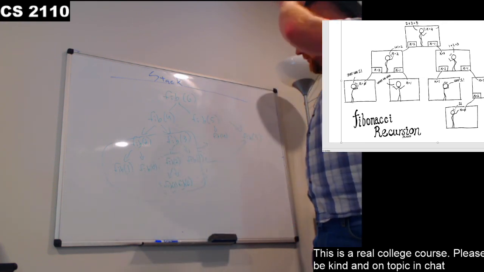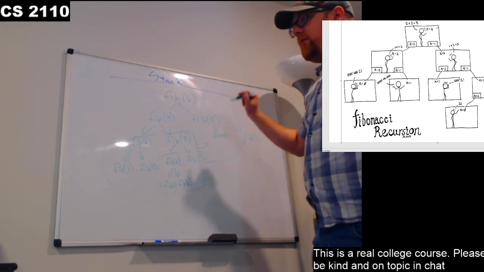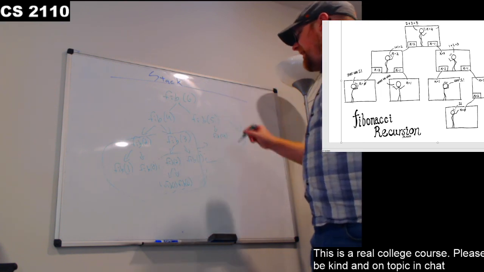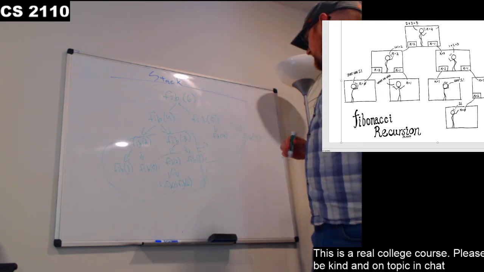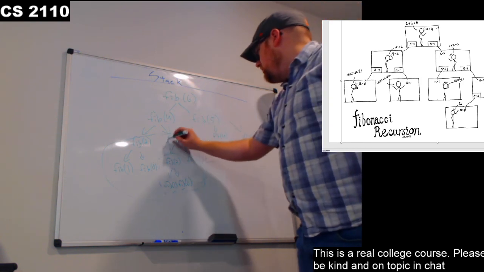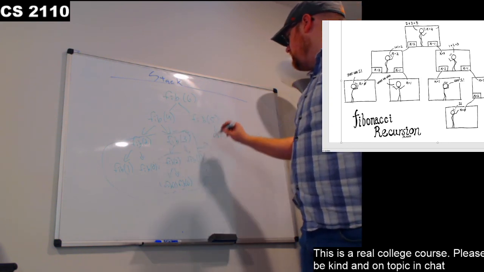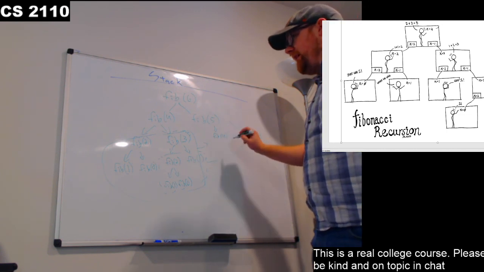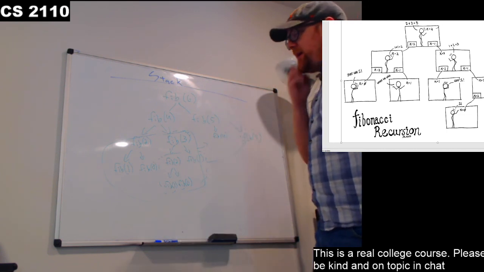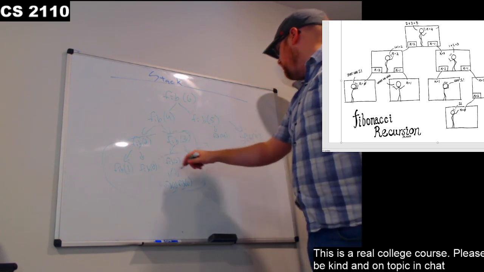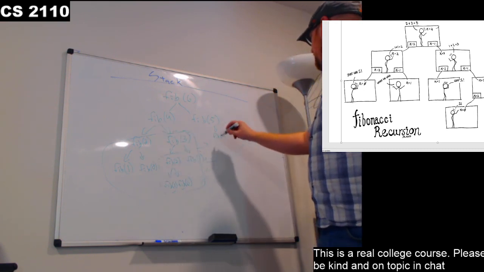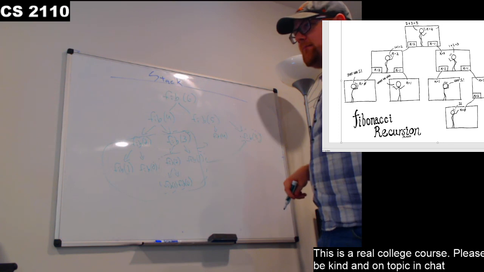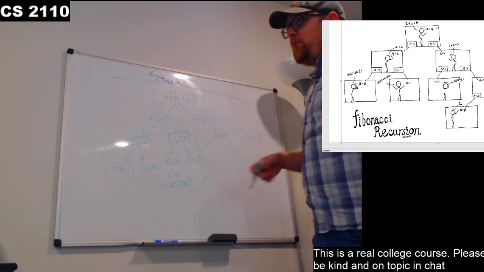And it turns out that this means that I'm evaluating Fib 3, 1, 2, and then one more for Fib 4, 3 times. And that means I'm evaluating Fib 2, 1, 2, 3, 4, 5 times. And that means I'm evaluating Fib 1 8 times.